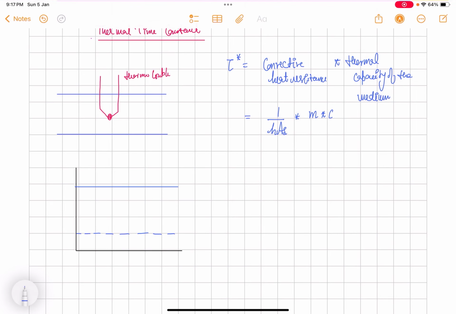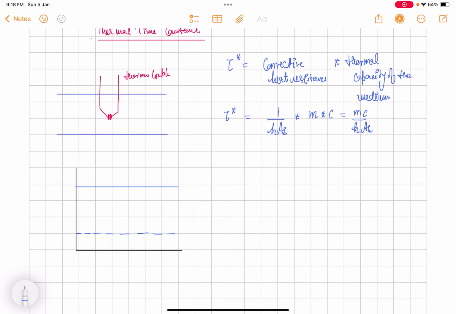So this is the representative relationship of thermal time constant with respect to the heat transfer coefficient and geometrical and thermal properties of the body.